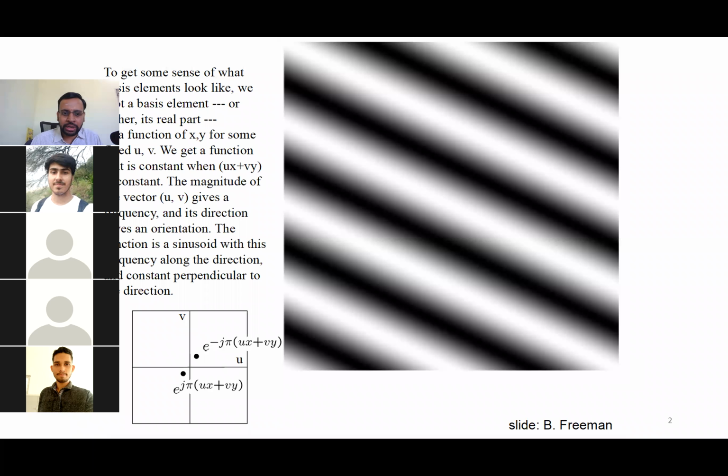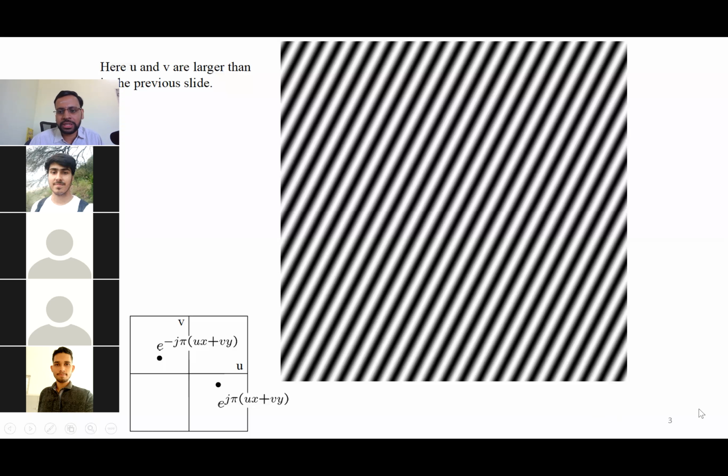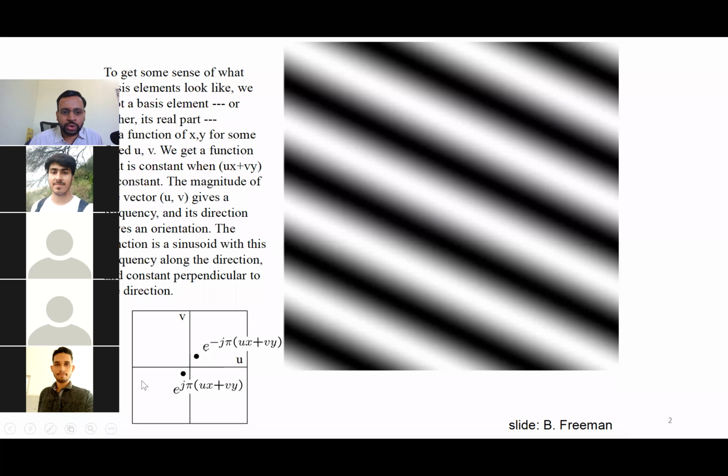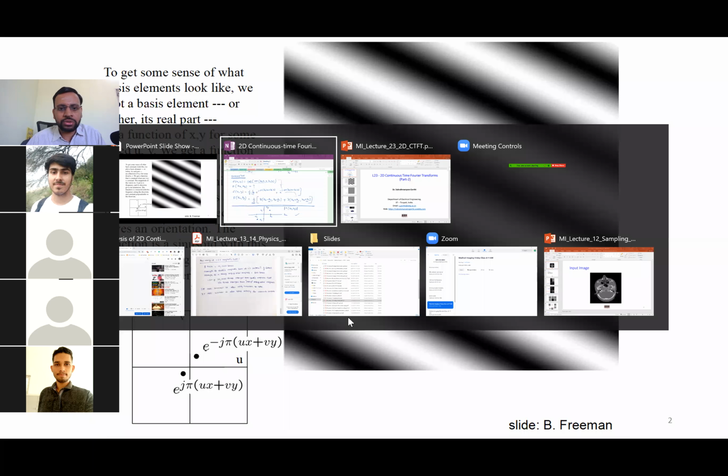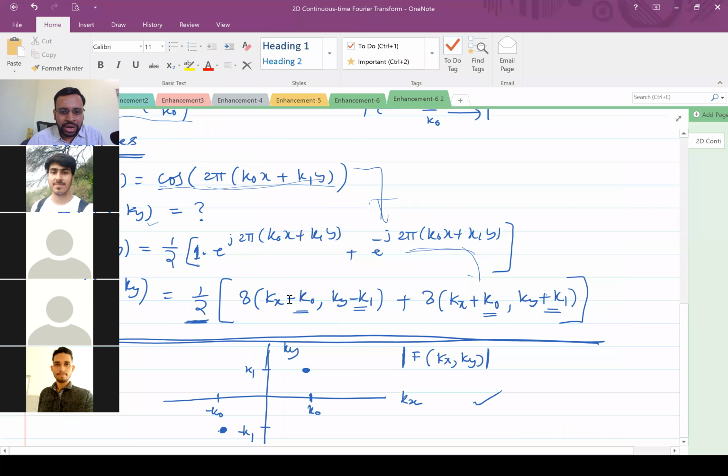Another point that should be clear by this time is that the orientation of your frequency domain response is the same as the orientation in which your cosine or sine is, so that's why you could tell in which direction it is. In terms of magnitudes, if k0 and k1 are increasing, then this would also increase and go farther.